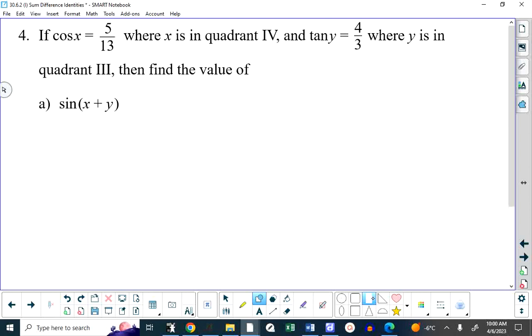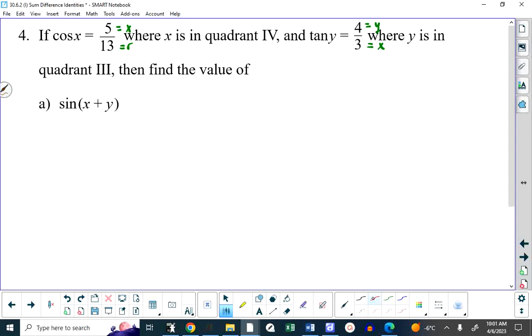Cosine is x over r. Tangent is y over x. But the x's and y's I've just written in green are not the x's and y's given in the question. Right?